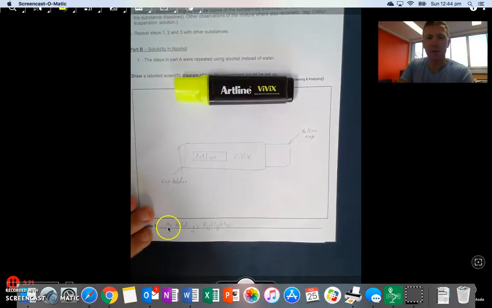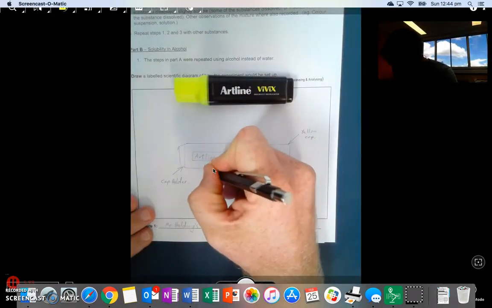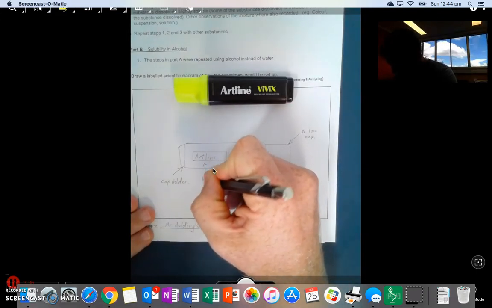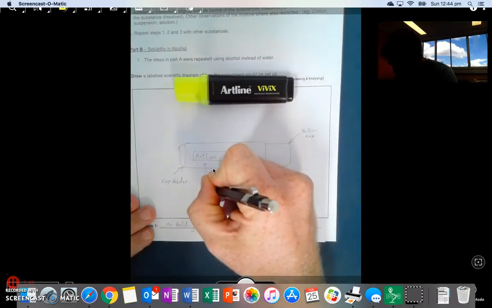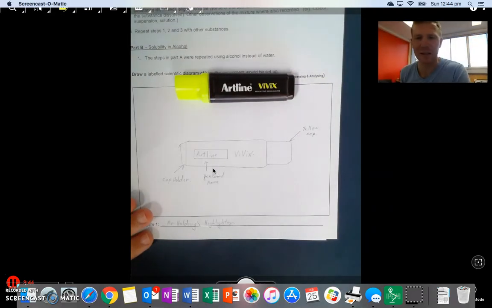I'm going through identifying the bits and pieces of this piece of equipment or this experiment that are important. I might write down here the pen brand's name. I'm doing it clearly and I'm doing it neatly.